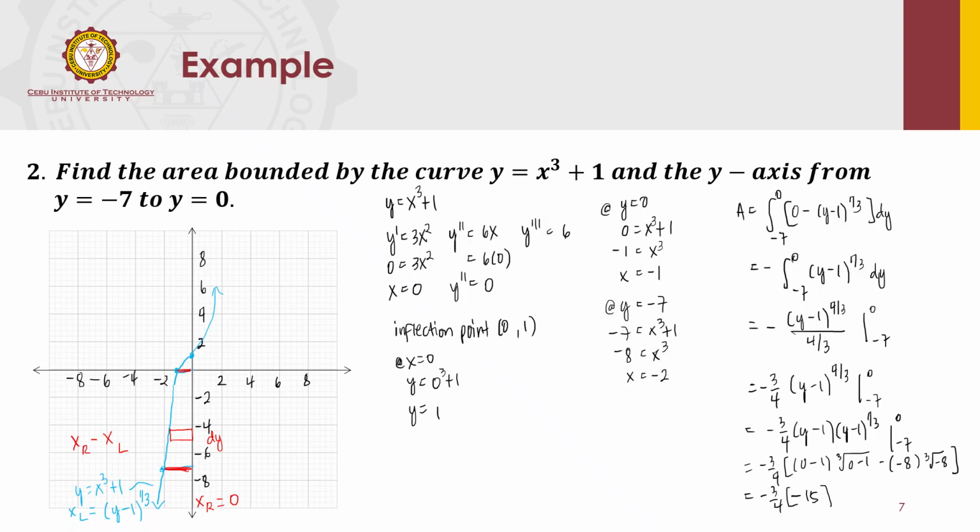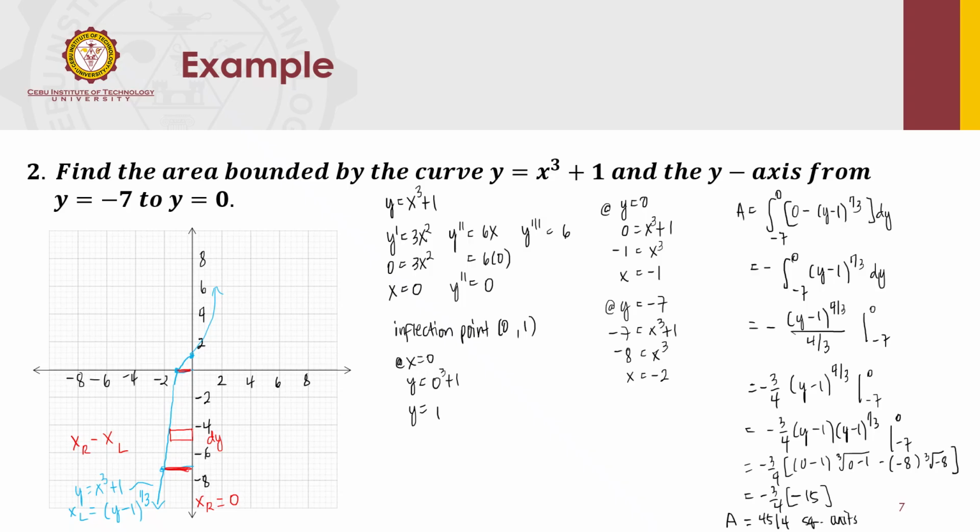And that's positive 45 over 4 square units. So the area is 45 over 4 square units.